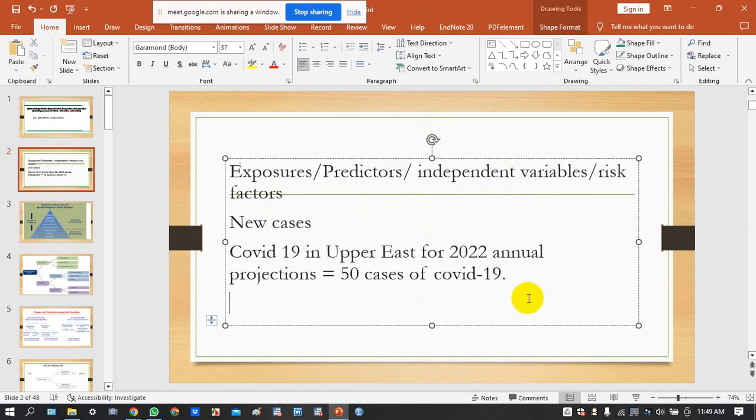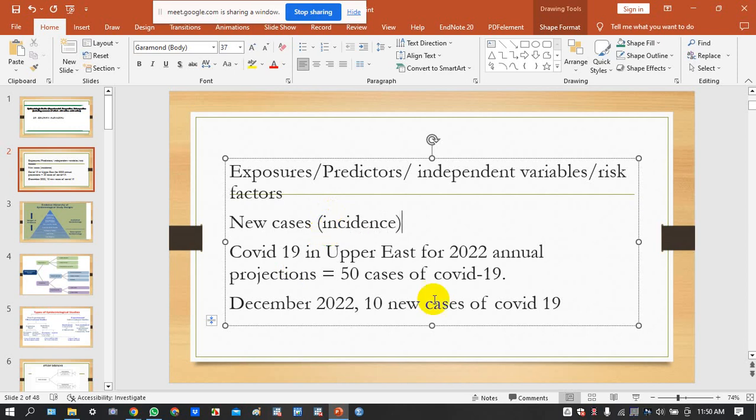In December of 2022, we had 10 new cases of COVID-19. So the new cases that we get in a specific time is what you call incidence. So incidence is new cases.